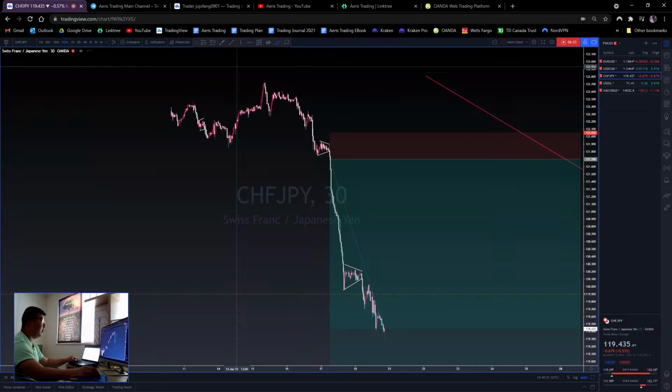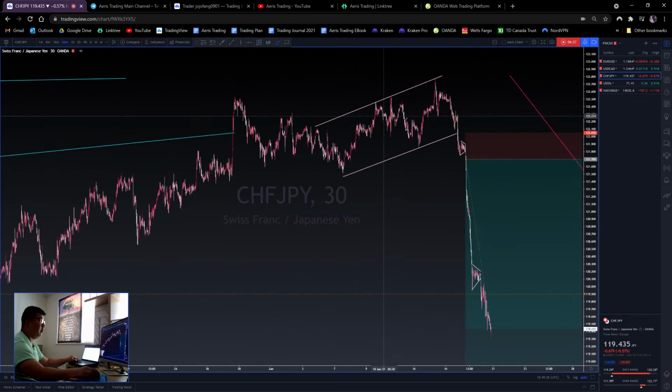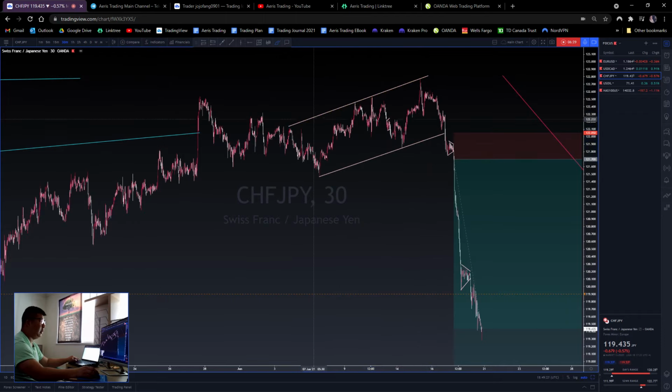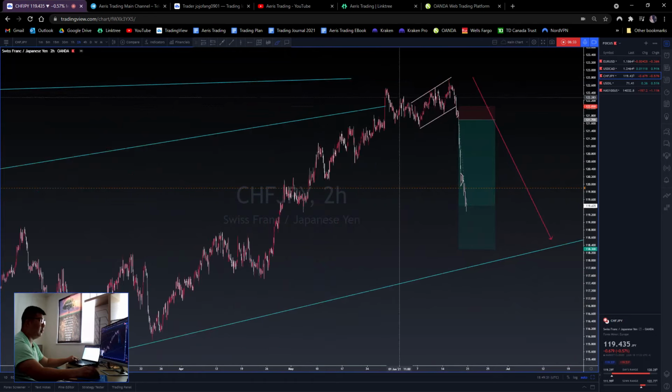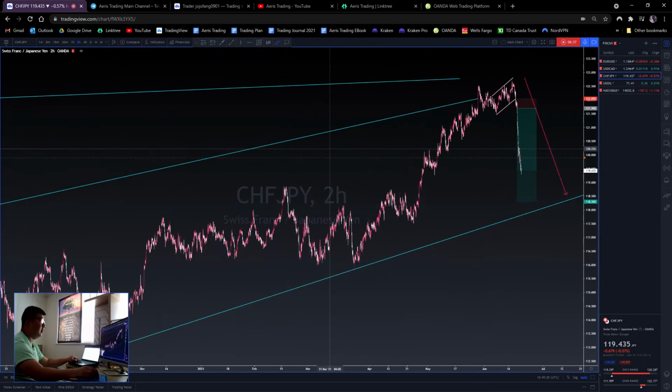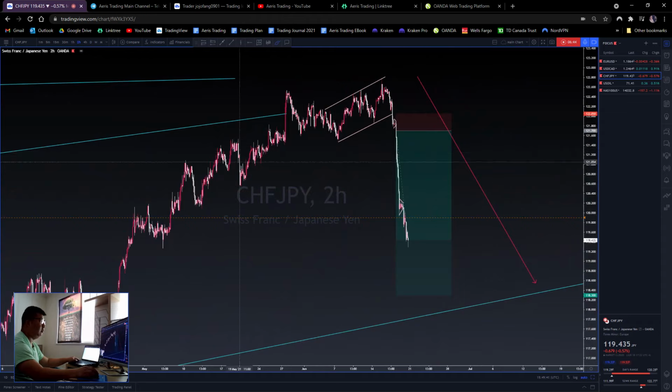If we go even lower, we pretty much have a mini double top. We have an ascending channel and then price correcting within its ascending channel. So there are multiple of these bearish structures in the making, and we just have to be able to identify them. So again, from the higher time frame, a large parallel channel, a lower time frame ascending channel, and then even the lower time frame ascending channel here as well.